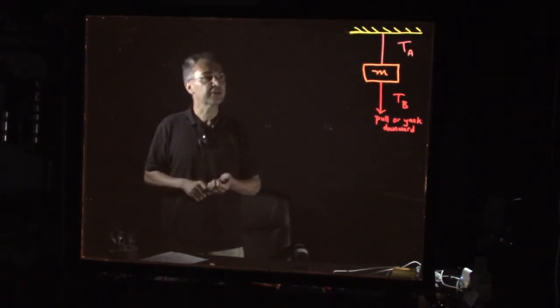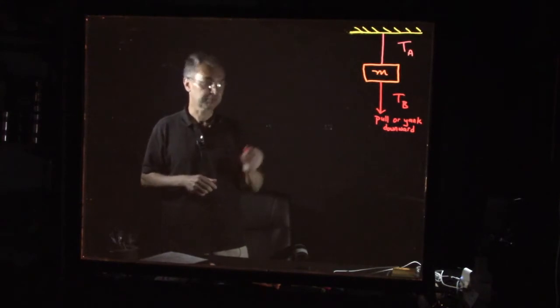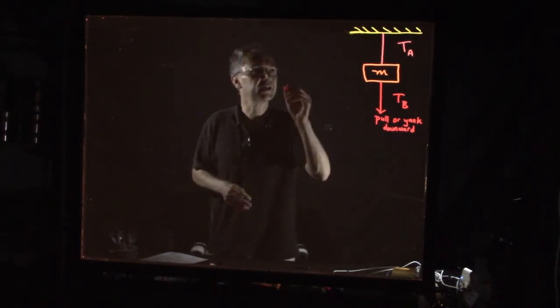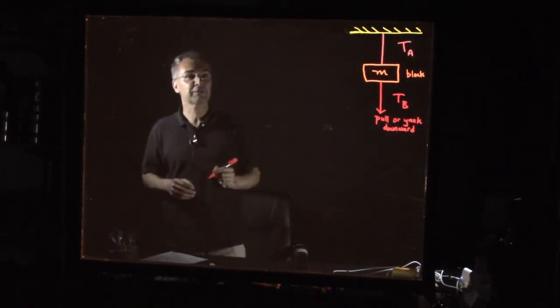So let's first analyze with a free body diagram the case where I just pulled gently on the bottom string, string B. So let's draw a free body diagram for, we're going to call this the block. So here's the block. I guess I called it a rock, now I'm calling it a block.